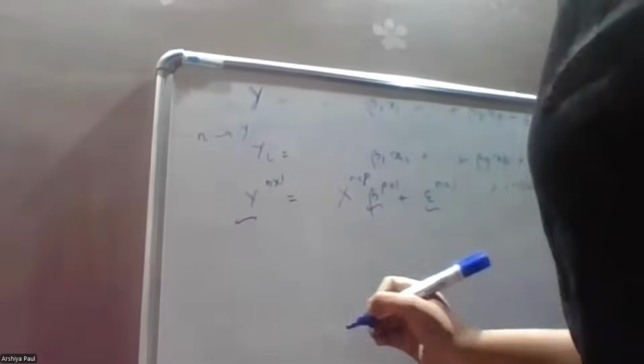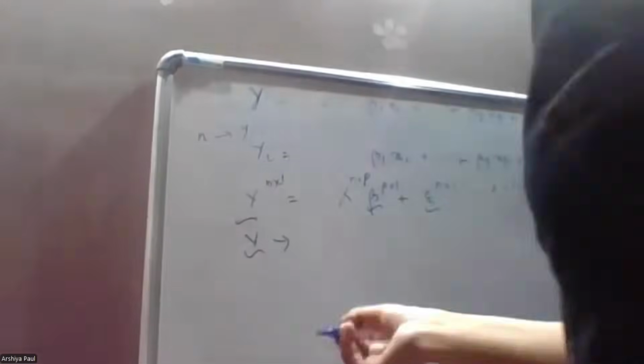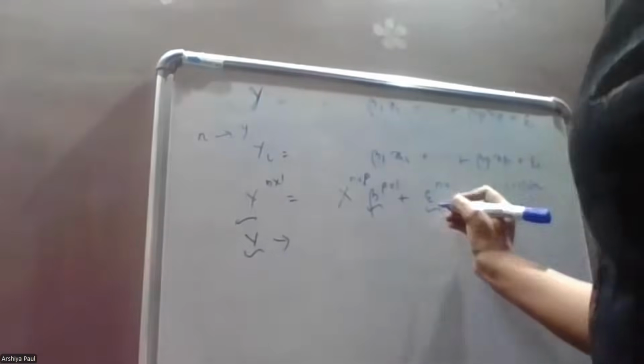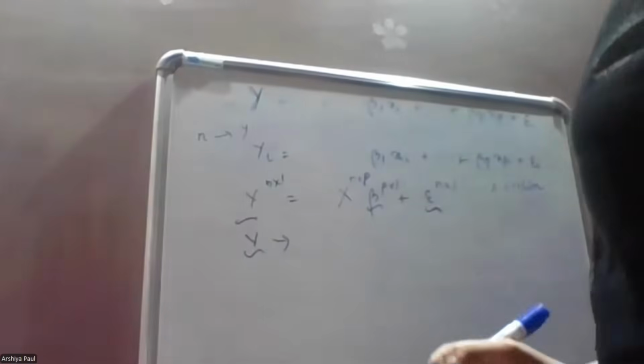We assume that y is a random vector, and the randomness in y is due to the randomness in this epsilon vector. And we assume that the matrix X, which is the matrix of the predictors, is a non-stochastic matrix. And beta 1, beta 2, beta p are the unknown parameters of the model.